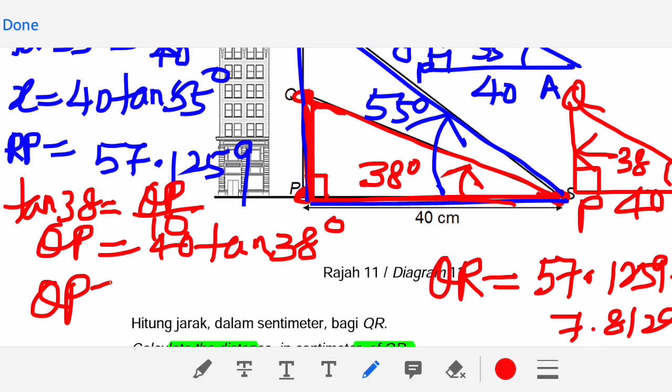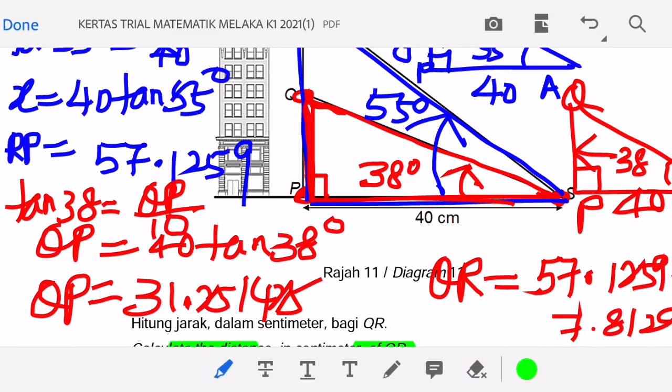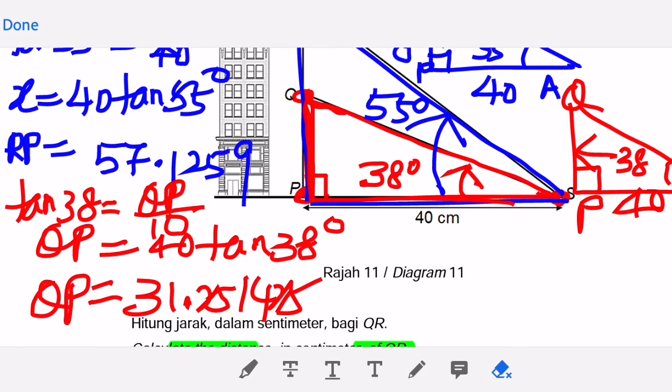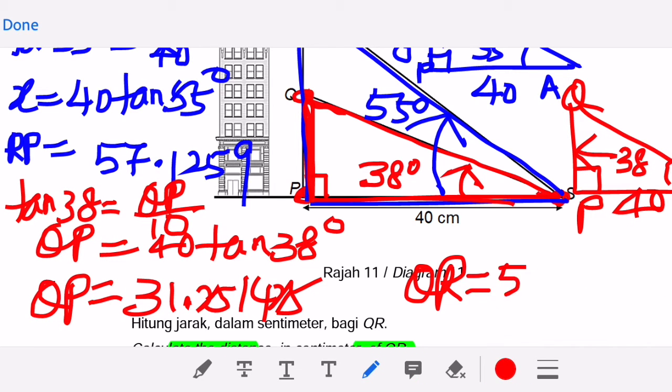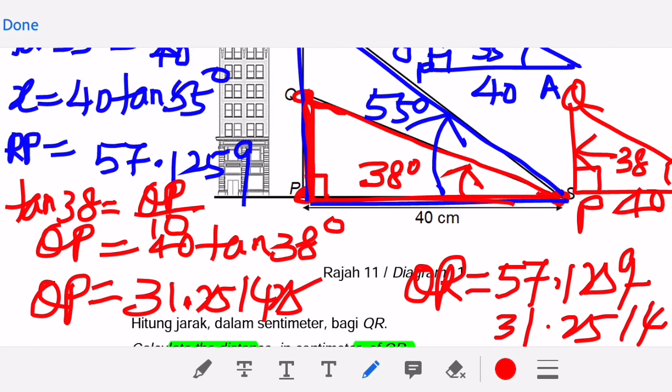QP is 40 times tangent 38. So we have 31.2514. In order to find the QR, it is equal to 57.1259 minus 31.2514.